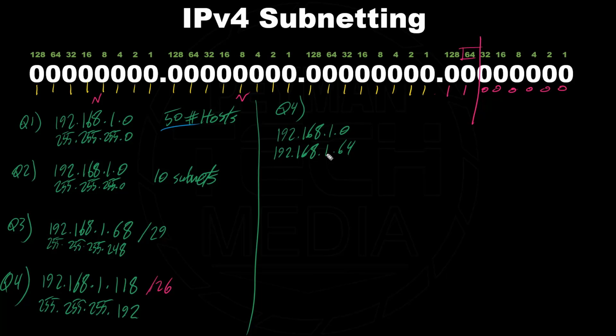192.168.1.64. And we can continue incrementing by 64. 192.168.1.128. So 128 plus 64, 192.168.1.192. And if we continue incrementing by 64, we get 256. So 192 plus 64, 256. We don't have 256. That's not a valid number.